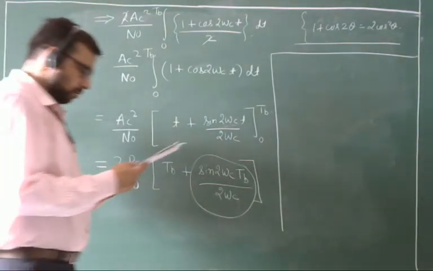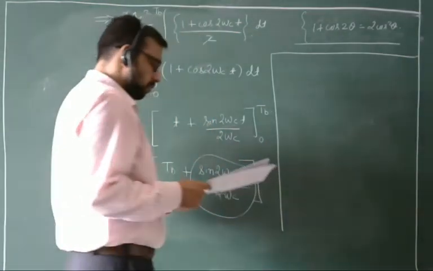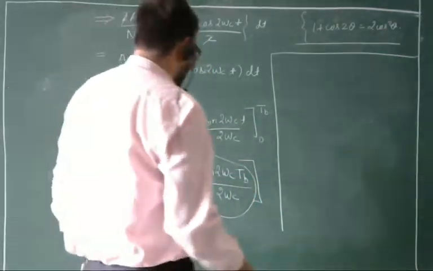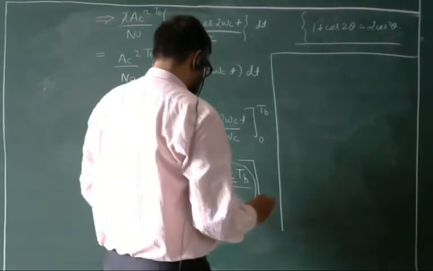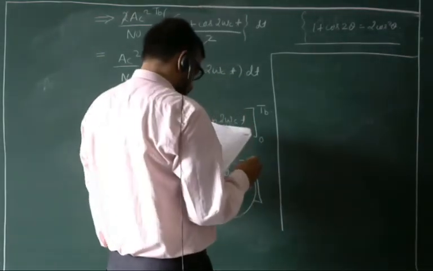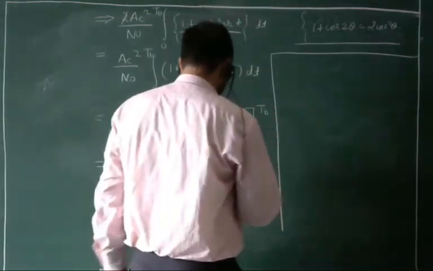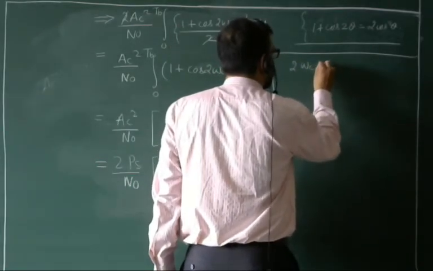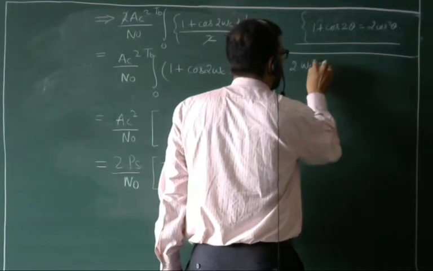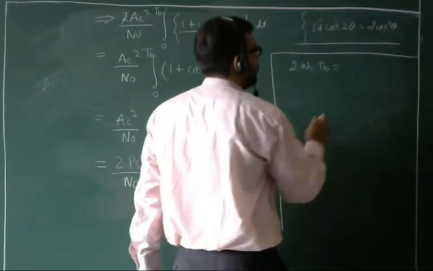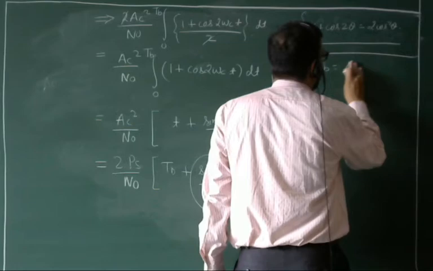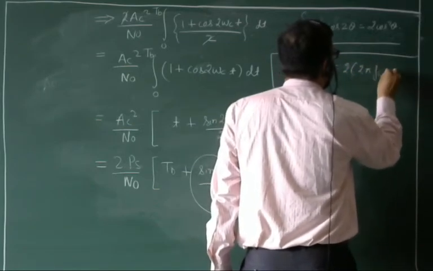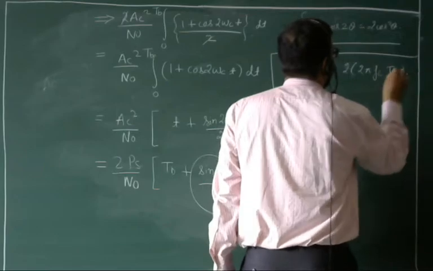Now according to this term, we can say, if you place here the quantity 2 omega c Tb, with omega c equal to 2 pi fc, it is 2 into 2 pi fc Tb.